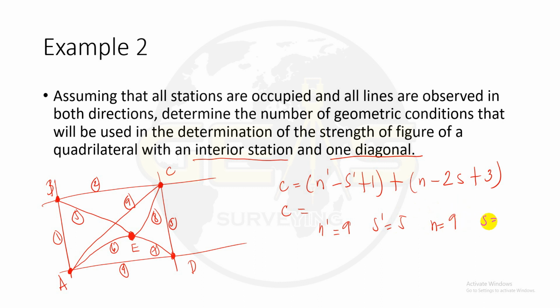And S, the total number of stations is 5. Okay. C is equal to 9 minus 5 plus 1 plus 9 minus 10 plus 3. So, C is equal to 7.